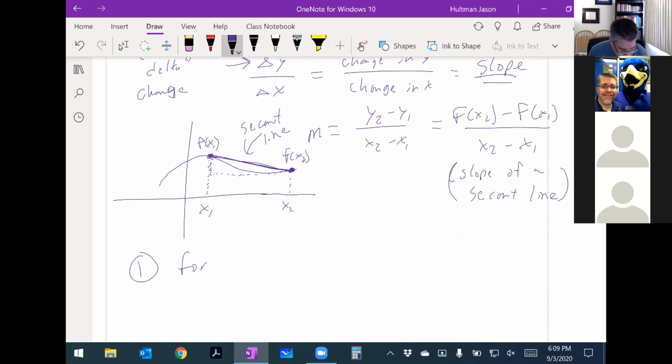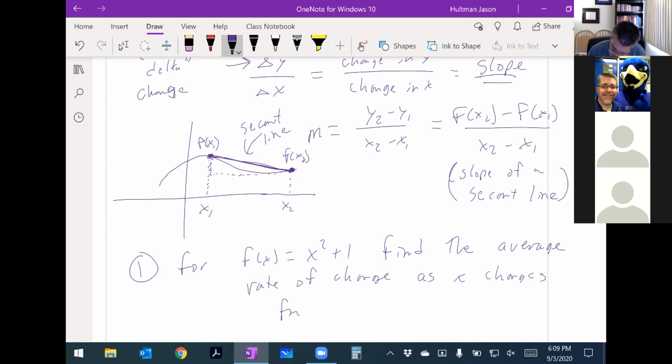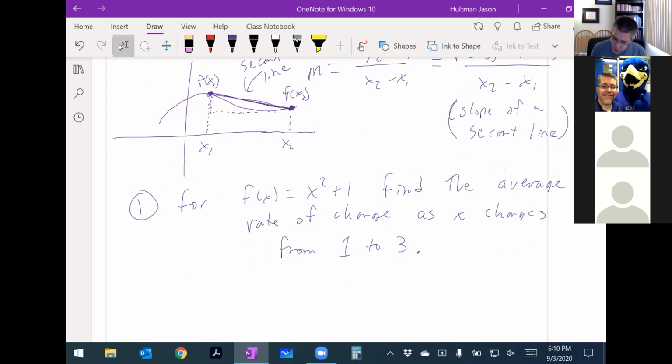For f of x equals x squared plus 1, find the average rate of change as x changes from 1 to 3.